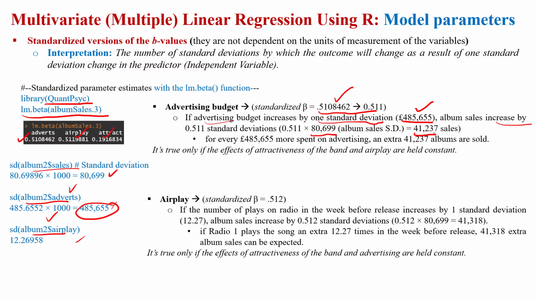In short, on spending this amount on the advertisement budget, the sales of the album will increase by this amount, again if we make sure the effect of the other variables is constant. So this is true only if the effect of other variables is constant. I hope you got the idea of how we interpret the standardized version of the B values.